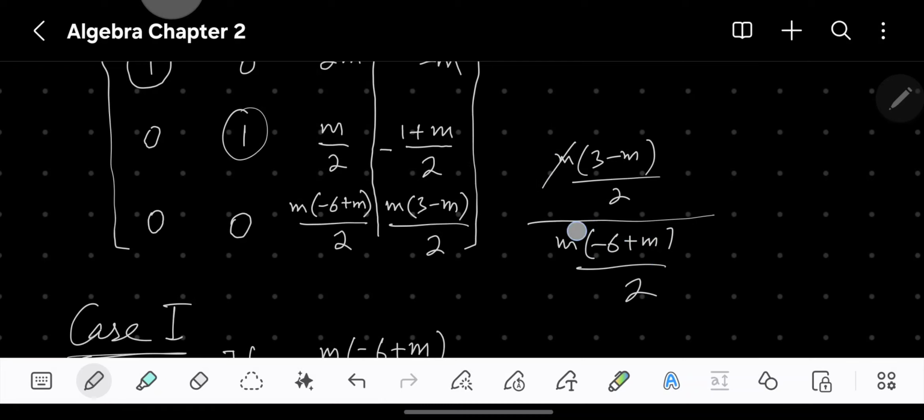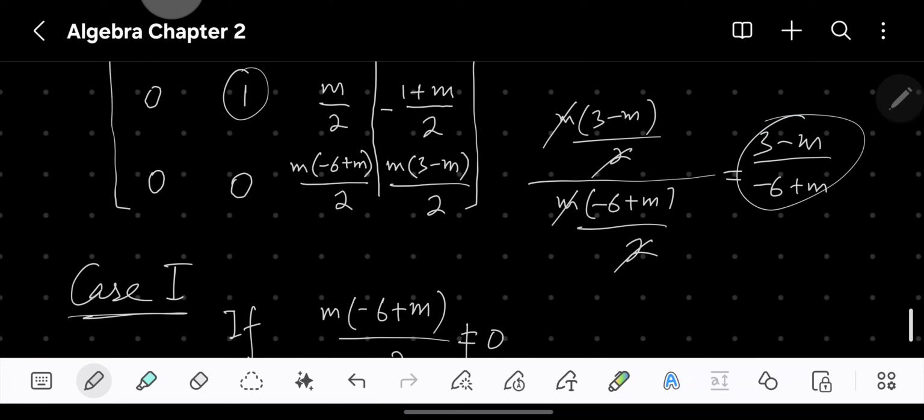You can check this m and this m will be cancelled, and this 2 and this 2 will be cancelled. I will get 3 minus m over minus 6 plus m. So I will write this value, 3 minus m over minus 6 plus m.